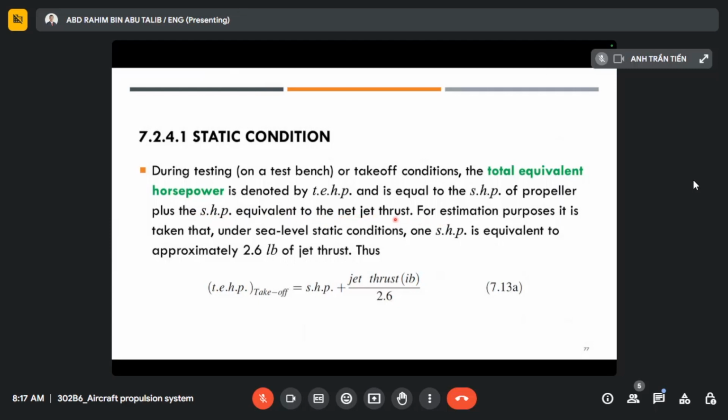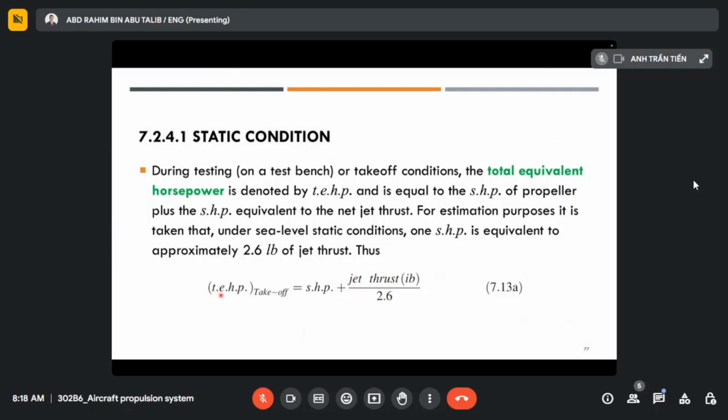For estimation purposes, it is taken that under sea level static conditions, one shaft horsepower is equivalent to approximately 2.6 pounds of jet thrust. So we have expression 7.13A here.